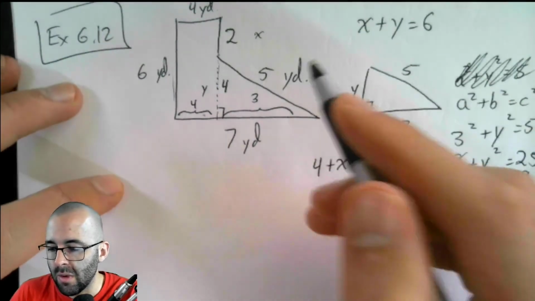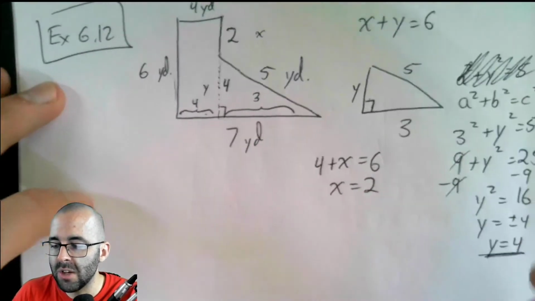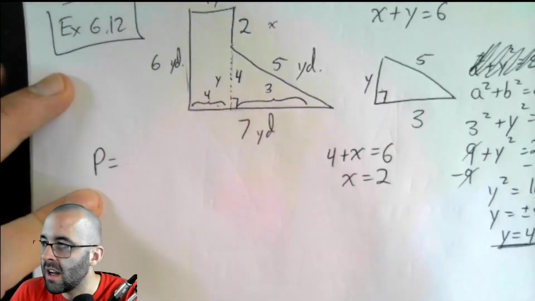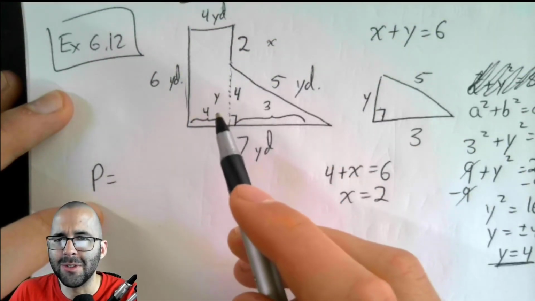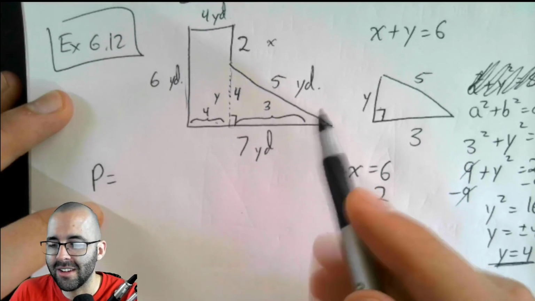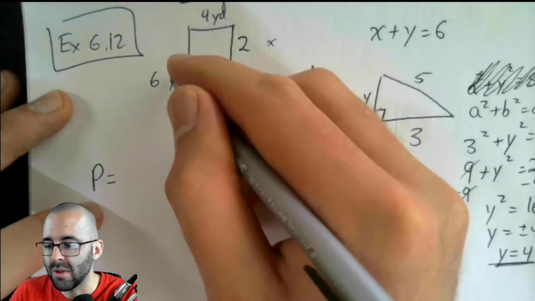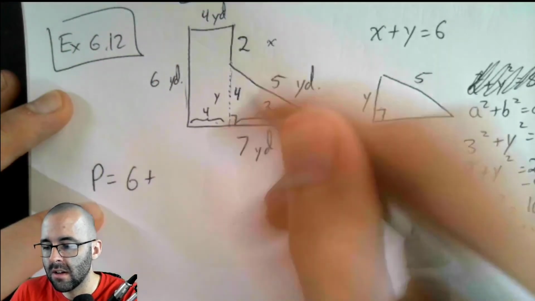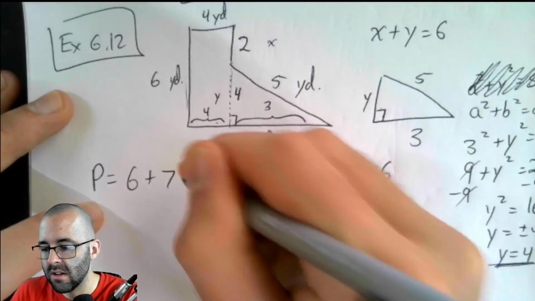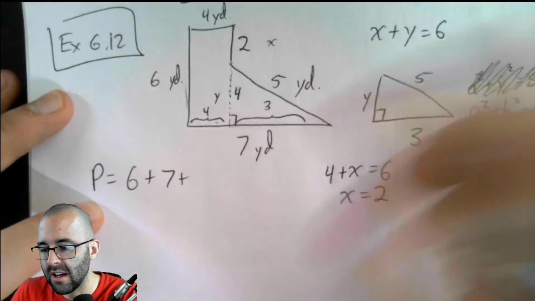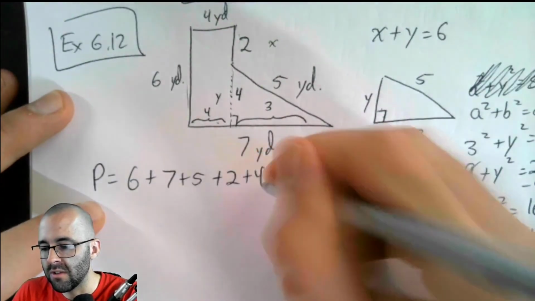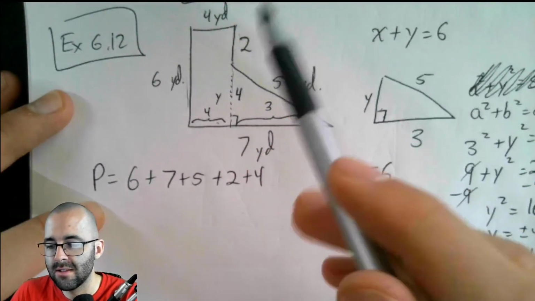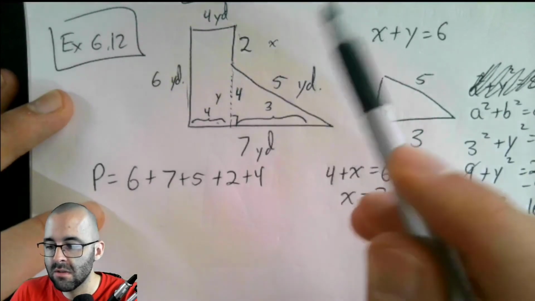So what we've got here, we have all the information now. Perimeter, adding up all the sides. Make sure you remember where you start so you don't add too many sides. So it's going to be 6 plus 7 plus 5 plus 2 plus 4. There are 5 sides. We don't add the 4.